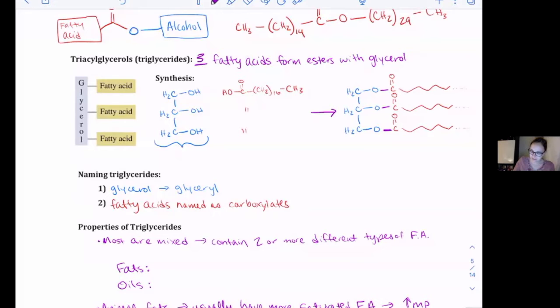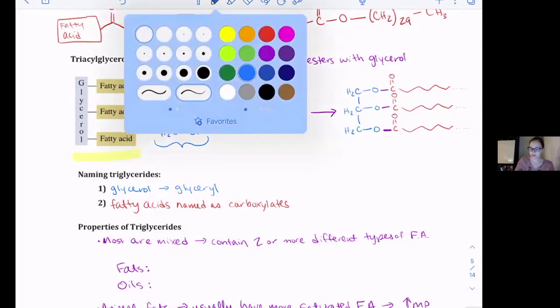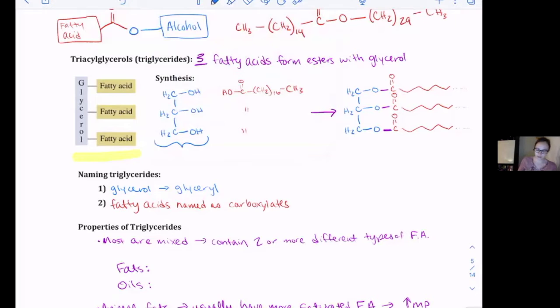The general scheme that you'll see for something like this is over here, where you have glycerol vertically, and then you have your three fatty acids. What glycerol actually looks like is this blue molecule here. Actually, it doesn't have three CH2s.